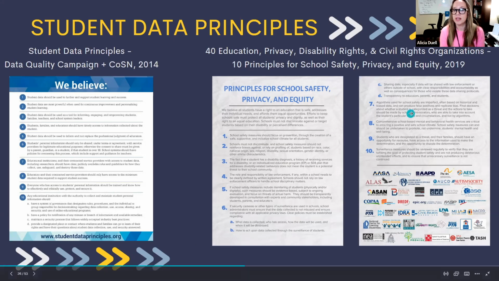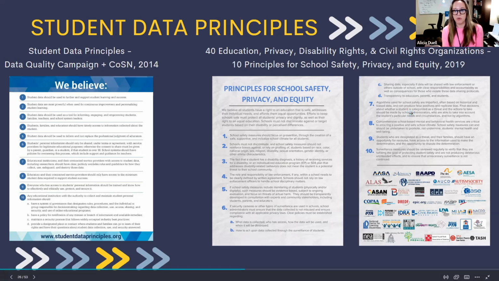This one on the right has 10 statements that were developed by civil rights, disability rights, privacy, and education organizations. This is more about what they believe about using data equitably. I feel like the 2 together are a really good way to think about ethics and equity when it comes to data, something that we really don't tend to think about a whole lot.